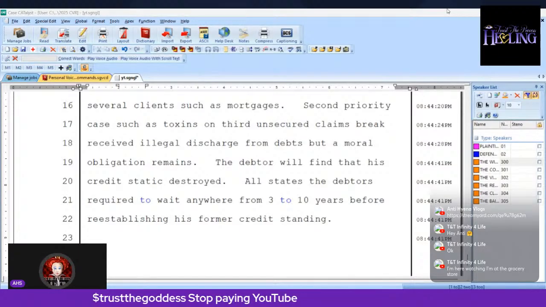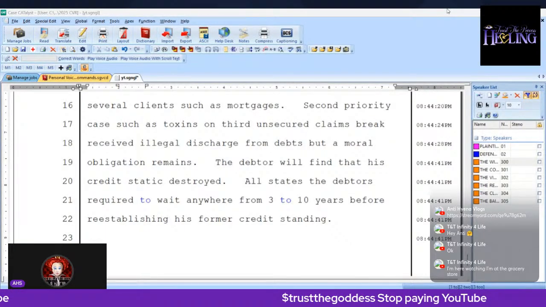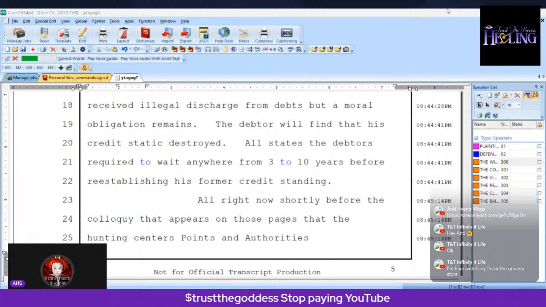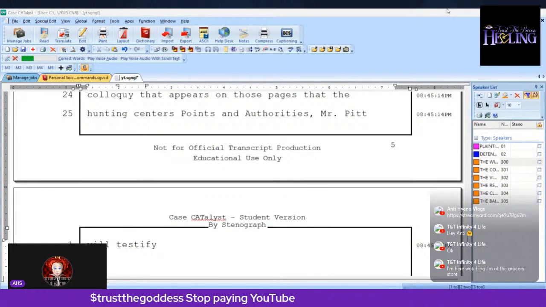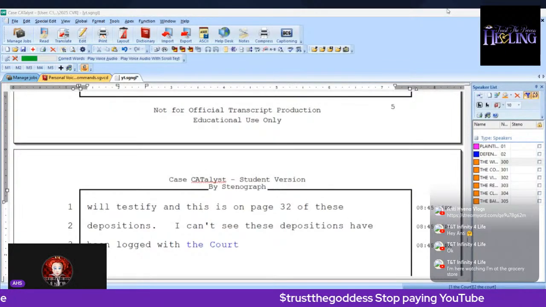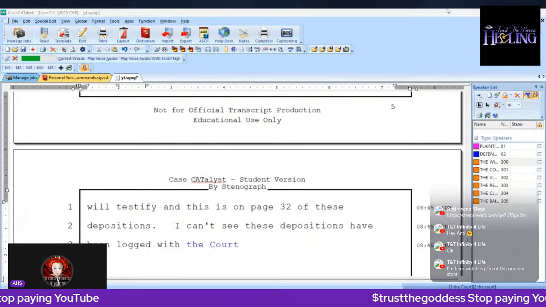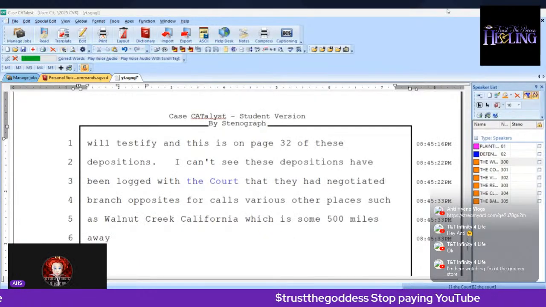All right, now shortly before the colloquy that appears on those pages of the Huntington Center's points and authorities, Mr. Penwell testified, and this is on page 32 of these depositions. I can see these depositions have been lodged with the court, that they had negotiated branch offices for Coast in various other places, such as Walnut Creek, California, which is some 500 miles away, Diamond Bar out in the Pomona area, West Covina, and San Gabriel Valley, and Long Beach.